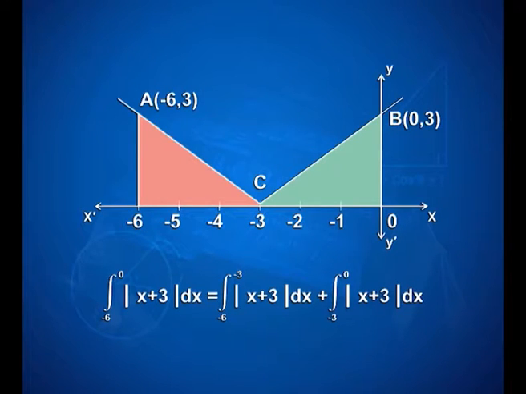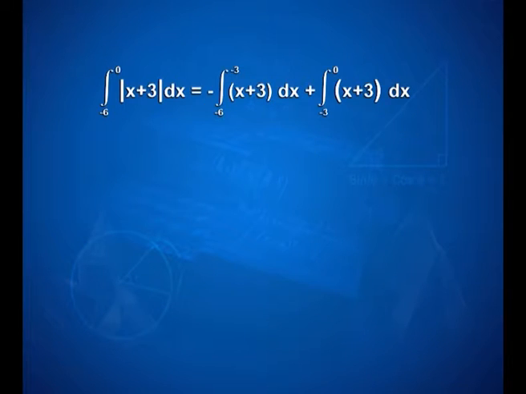We can see in the figure A coordinate is minus 6 comma 3 and B is 0 comma 3, and therefore, the required integral minus 6 to 0 modulus of x plus 3 dx can be calculated as integral minus 6 to minus 3 modulus of x plus 3 dx plus integral of minus 3 to 0 modulus of x plus 3 dx.